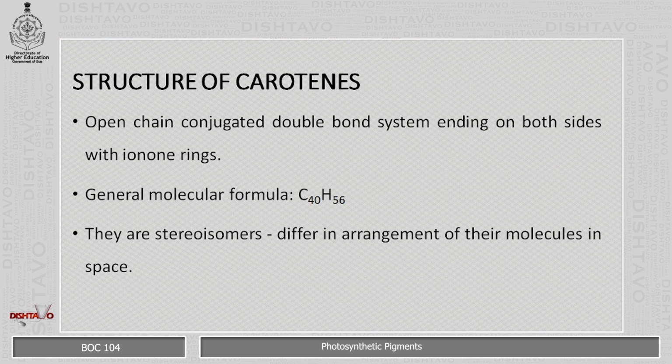The structure of carotenes: these are open chain conjugated double bond systems which end on both sides with ionone rings. The molecular formula for carotenes is C40H56. Carotenes are stereoisomers. That means they are compounds which differ in arrangement of their molecules in space.